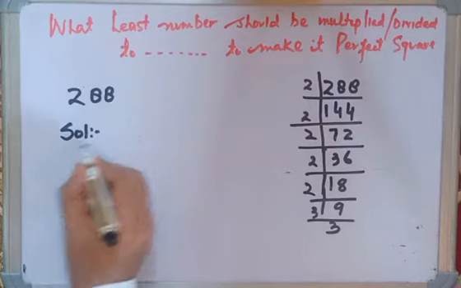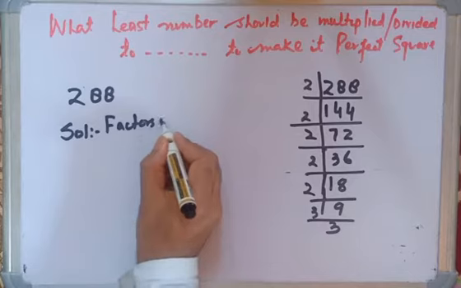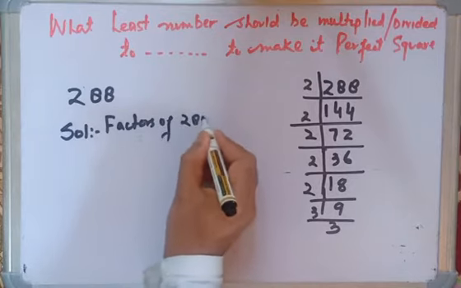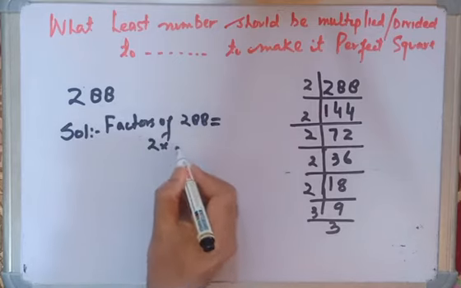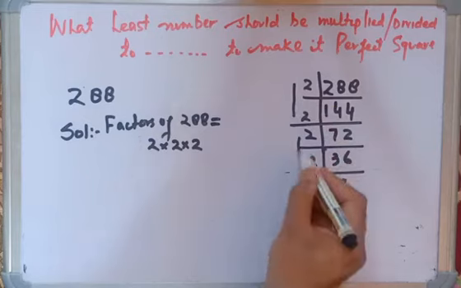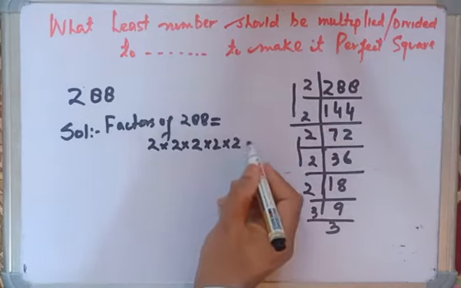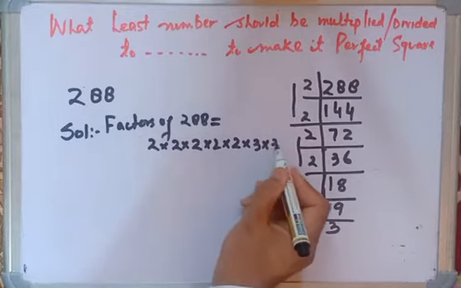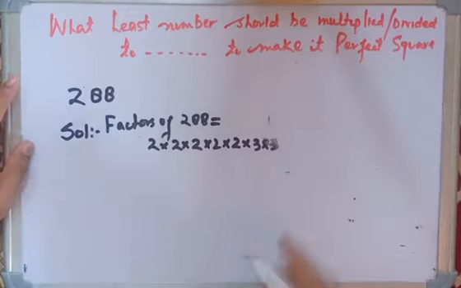So factors of 288 is equal to 2 into 2 into 2 into 2 into 3 into 3, right? So these are the factors of 288, right?